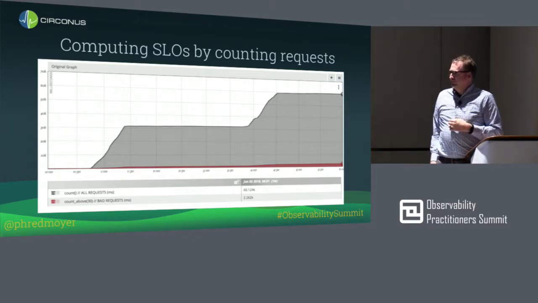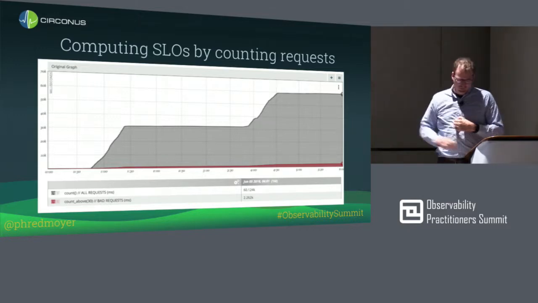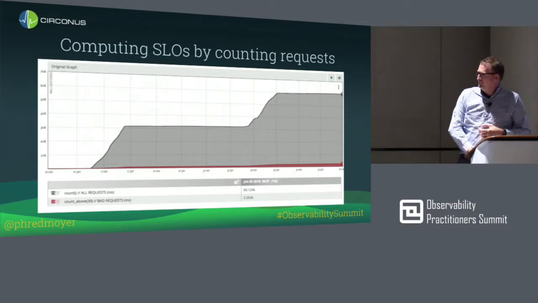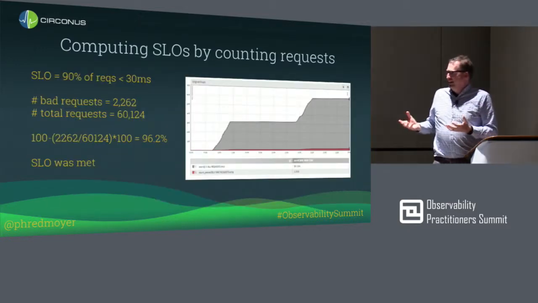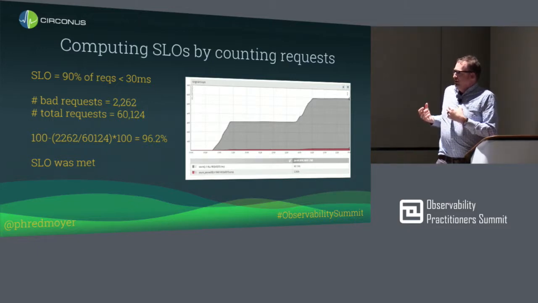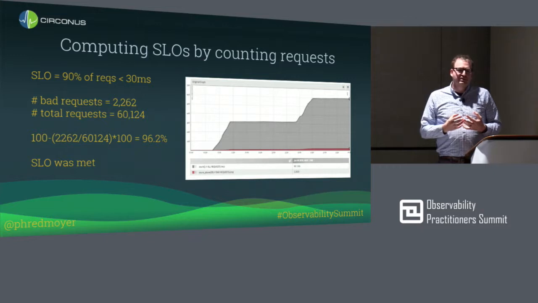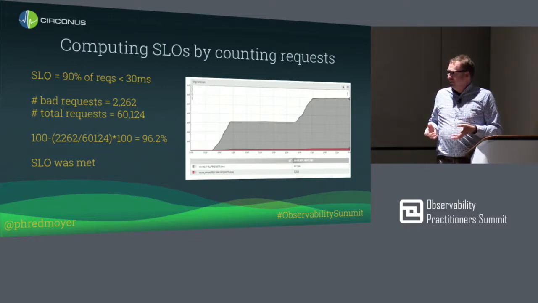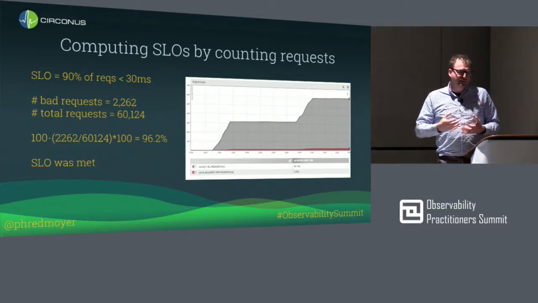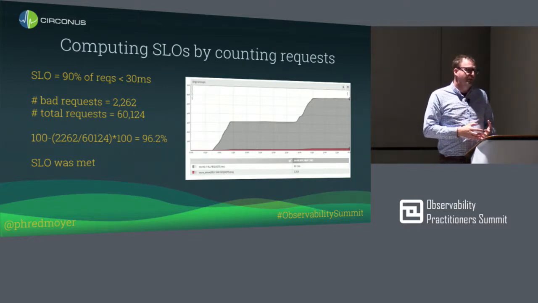I've got my number of requests that violated my SLI in red, and my total number of requests there. Easy to graph. And I can say, hey, I had 96.2% of my requests that met my SLI, and therefore I met my SLO. So this is a very easy way to accurately calculate your SLO.